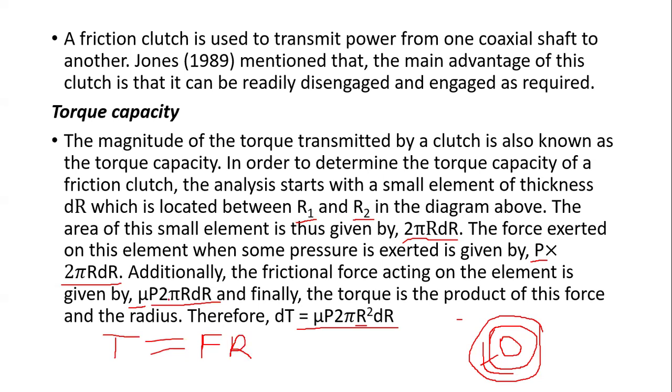But if we're talking about the friction force, then we introduce the coefficient of friction there. So this is now the full version you have here. But when you introduce r to all that, this radius becomes r raised to power 2.